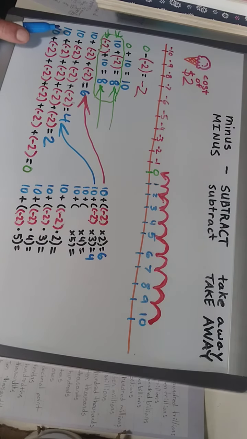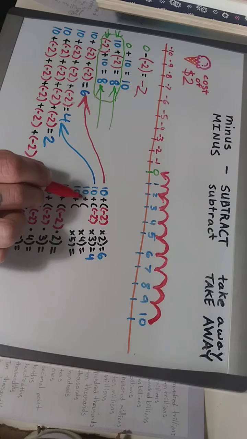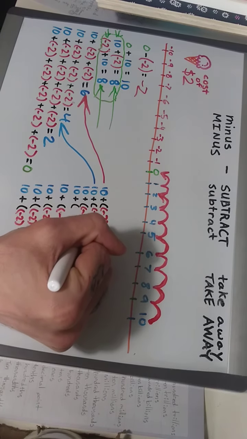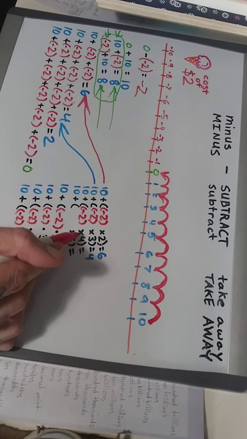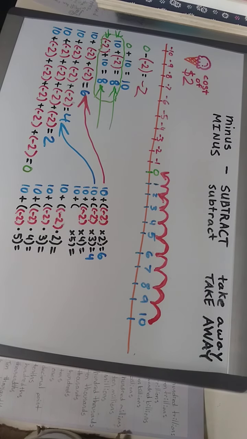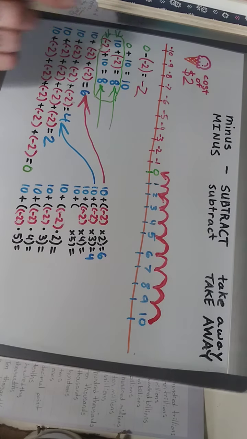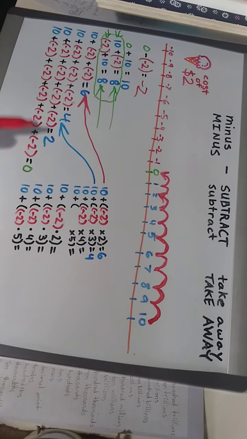So 10 plus negative 2, 4 times. How many times? 1, 2, 3, 4 times, because we're getting 4 ice creams. We're paying $2 4 times. So that answer is 2.